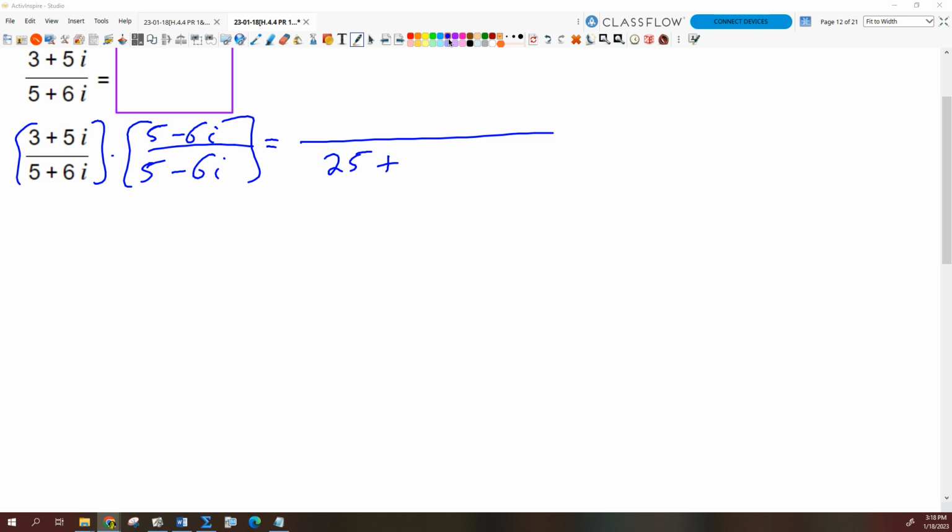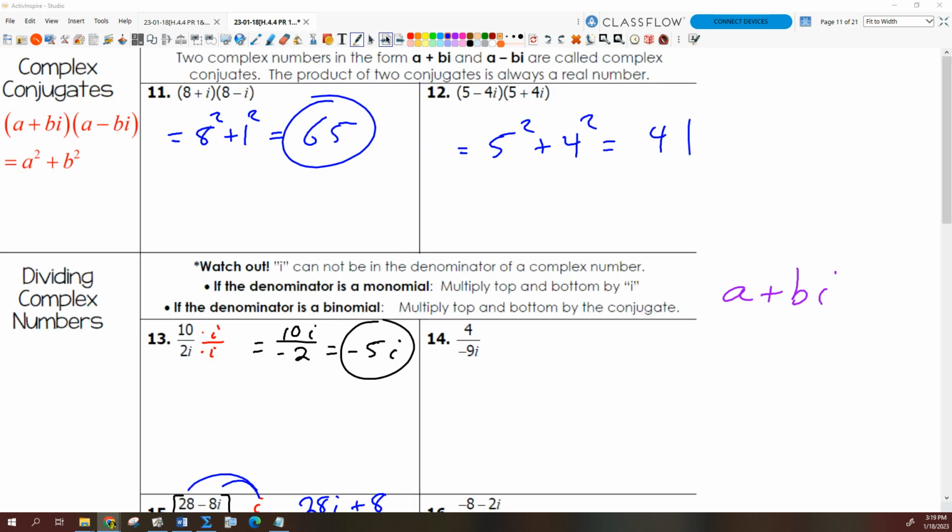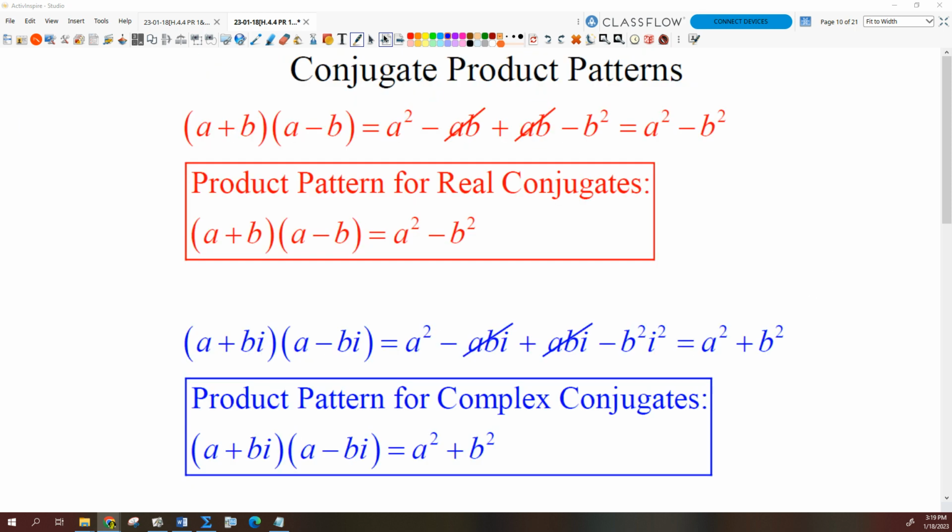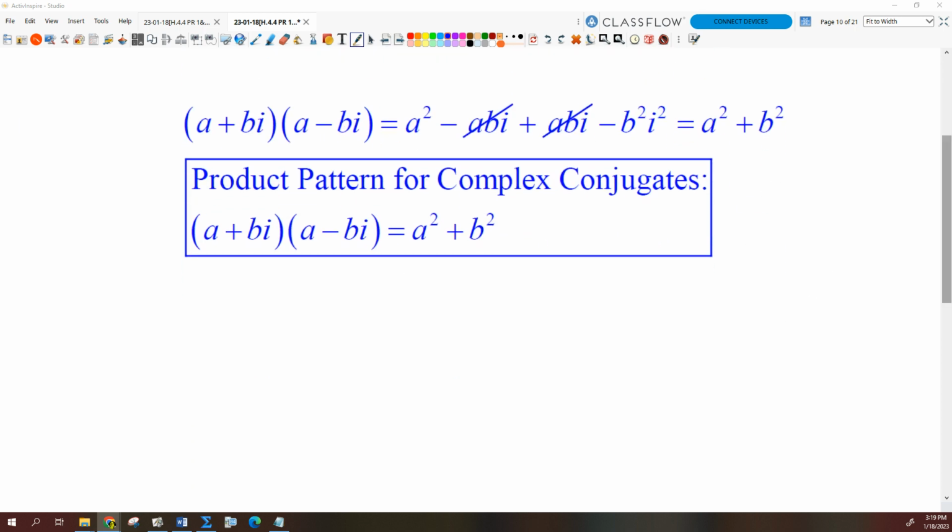Not minus, plus 36. How come? Yeah, because a plus bi times a minus bi equals a squared plus b squared.